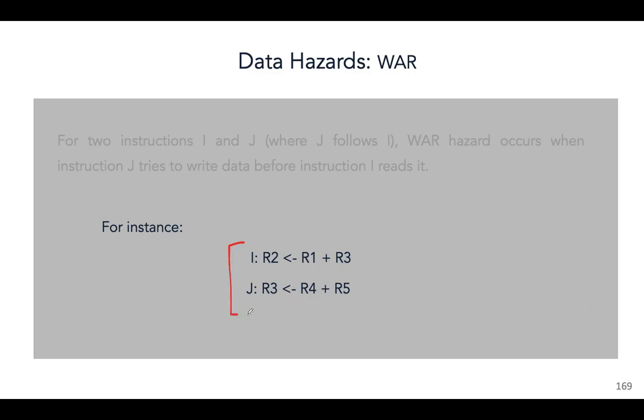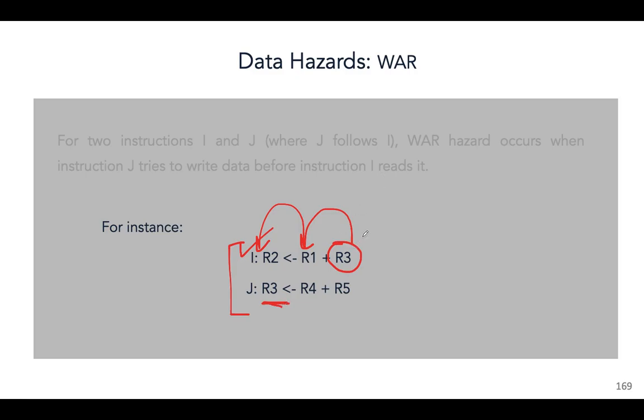Now you can see what's happening here, right? WAR hazard occurs when instruction J tries to write the data before instruction I reads it. This is supposed to go first. That means whatever value was in R3, maybe from some previous computation, is what's supposed to be added to R1, and that's what's supposed to move to R2. This writing of R3 is supposed to take place later, right?